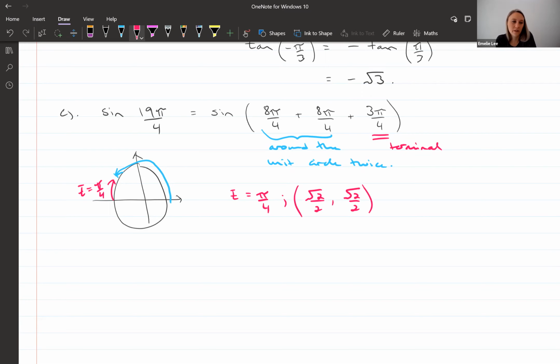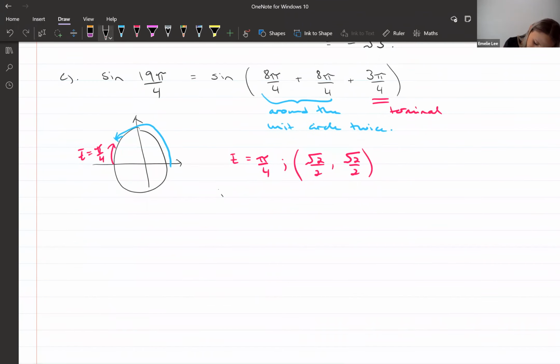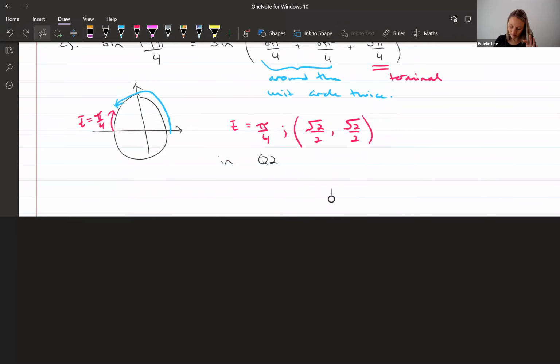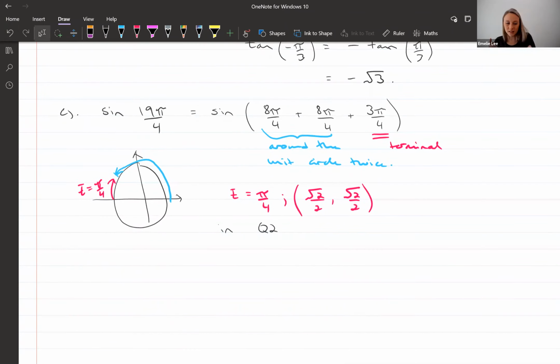Okay. So now in Q2, right, we kind of have two options. All students take calculus, right? So here, all students take calculus. Sine is positive in Q2, right?